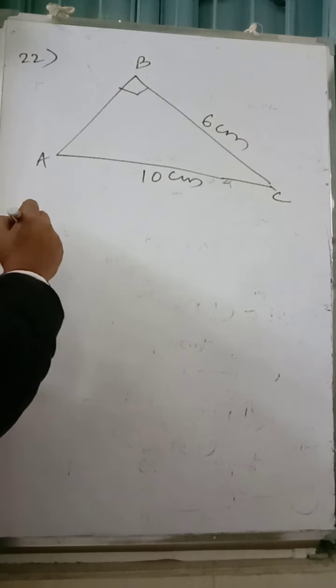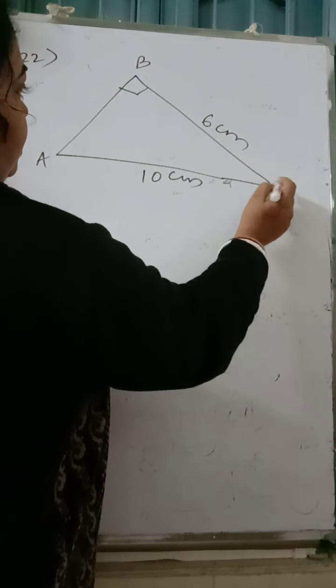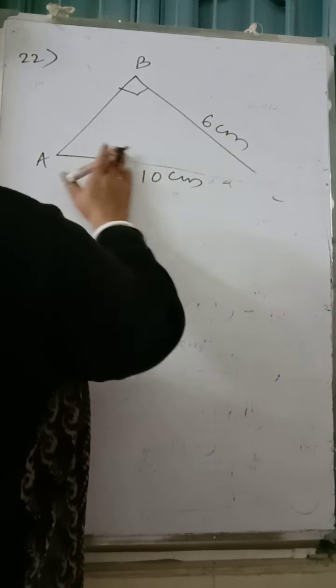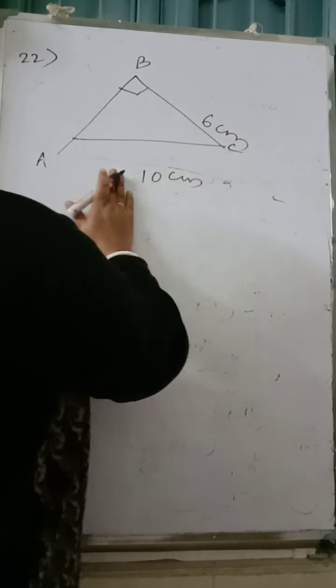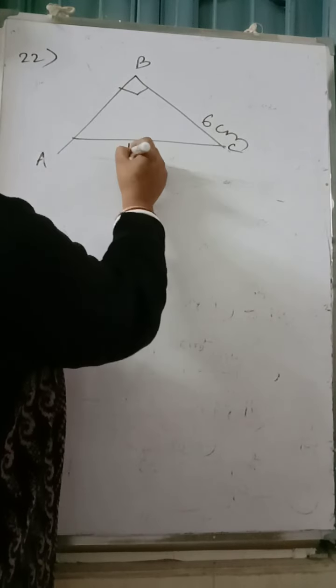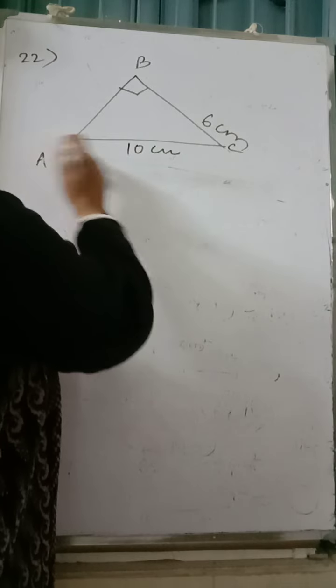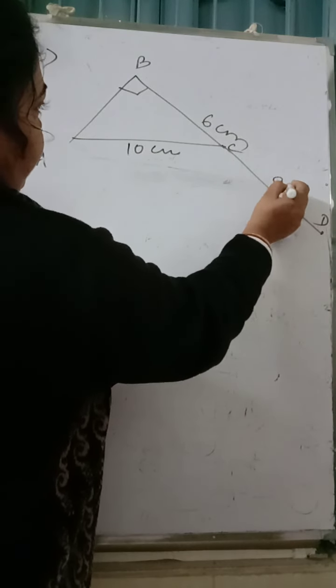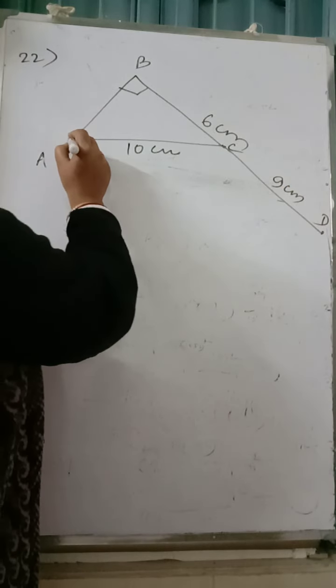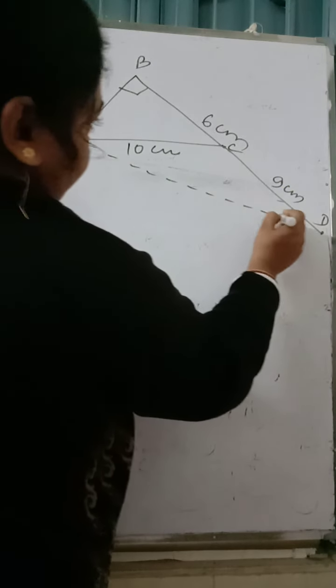Again it says BC is produced, just wait, this is C, this is 10 centimeter. Now BC is produced up to D, such that CD is 9 centimeter. Now you have to find the length of AD.